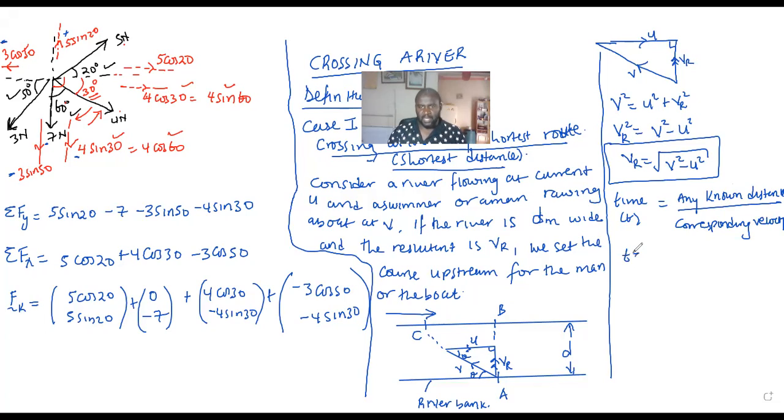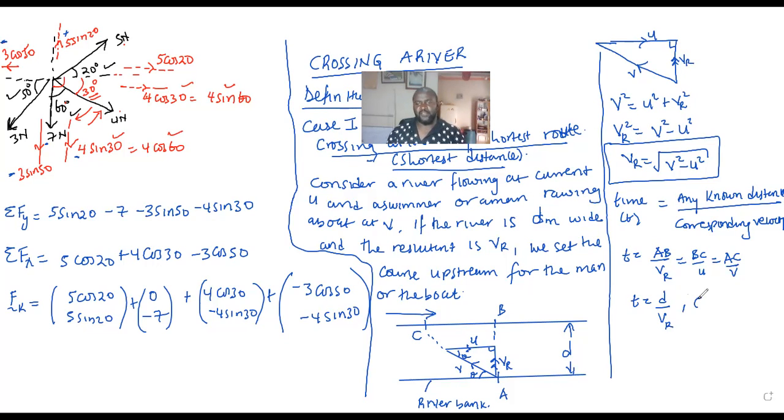So the time can be got from FB out of VR, or from BC out of U, or from SC out of V, which is the same as D out of VR. So if you want to check whether you are right, you check the time with all those ratios. The time is going to be the same.